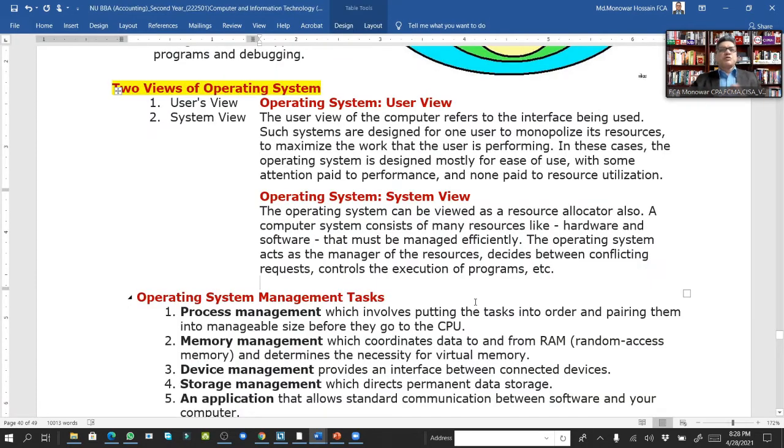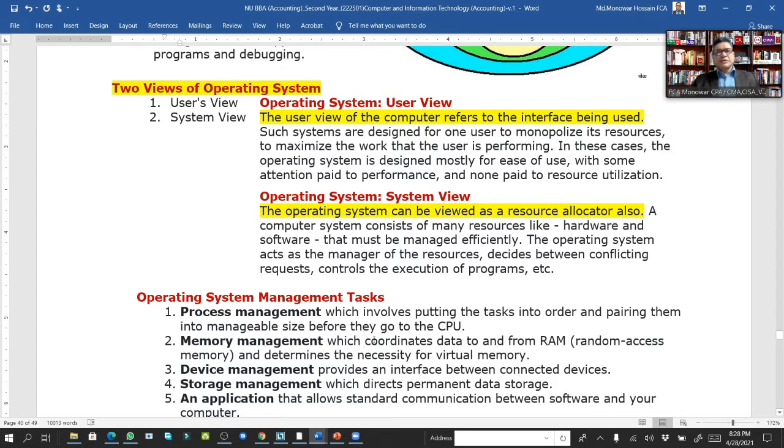There are two views of operating system. One is the user view, another is the system view. The user view of the computer refers to the interface being used. If we see the system view, the operating system can be viewed as a resource allocator also.